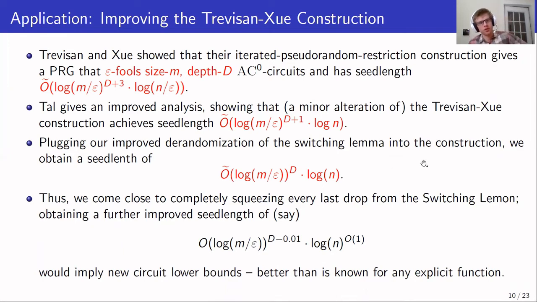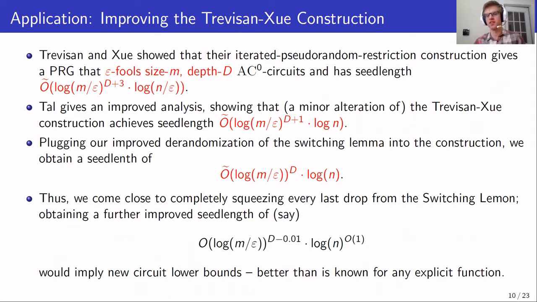And the story I want to tell about this is sort of an analogy to hardness versus randomness. In the hardness versus randomness setting, you start by assumption with some average-case hard function. You put it into some machine, and at the other end, you get a pseudorandom generator. Now, the quality of the pseudorandom generator you get depends on the quality of the average-case hard function you started with, but also on your reduction: how much hardness did you lose along the way?